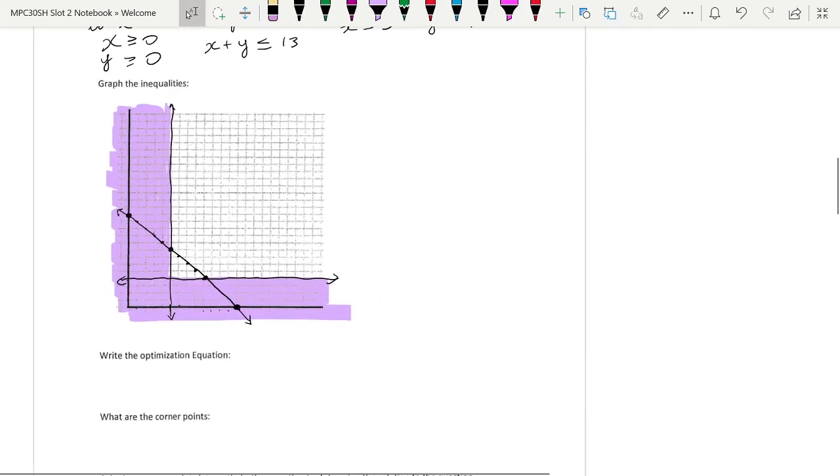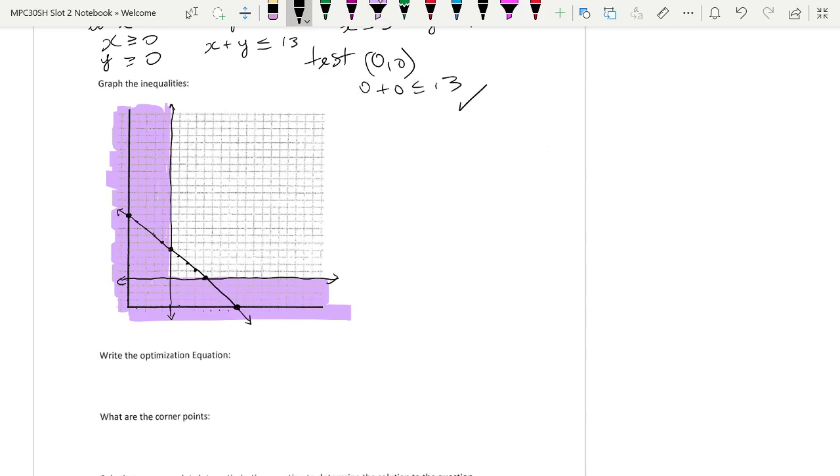So there we go. And let's shade. So I guess I should do a test point first, right? So let's test 0, 0. So 0 plus 0 has to be less than or equal to 13, which is true. So 0, 0 is in the inequality zone. So that means I'm going to shade, and I'm going to misspell the word shade.